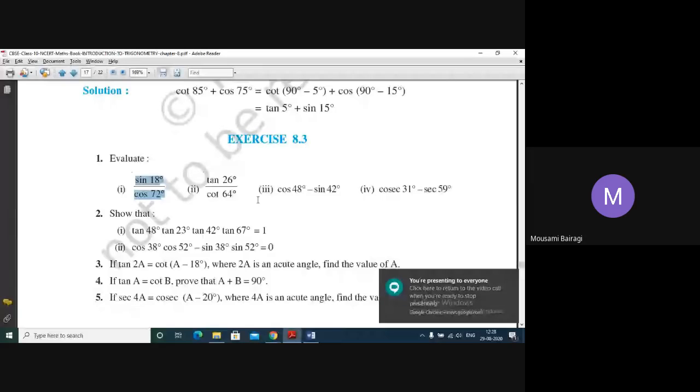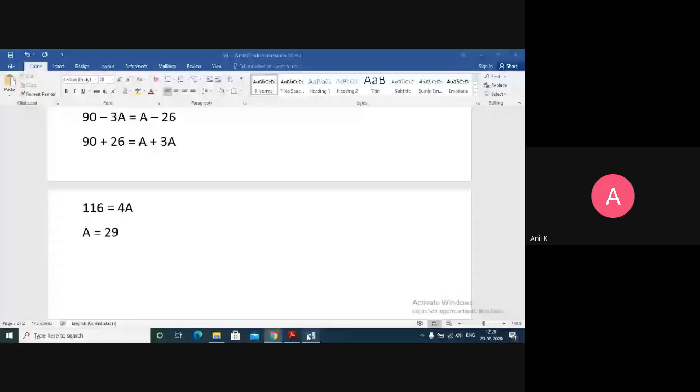Now what about the second one? The second one also has the answer 1. The third question is also 1. Be careful how it is 1.